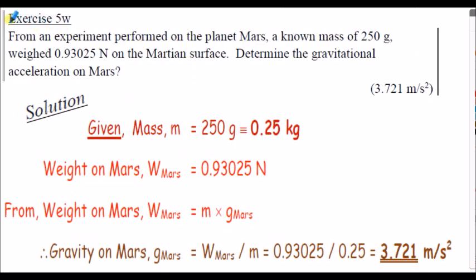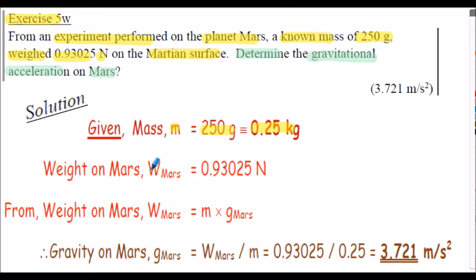So exercise 5, from an experiment performed on planet Mars, a known mass of 250 grams weighed 0.93025 newtons on the Martian surface. We've got to determine the gravitational acceleration on Mars. So from the question, we know the mass is 250 grams. Again, converting that to kilograms, that's 0.25 kilograms.